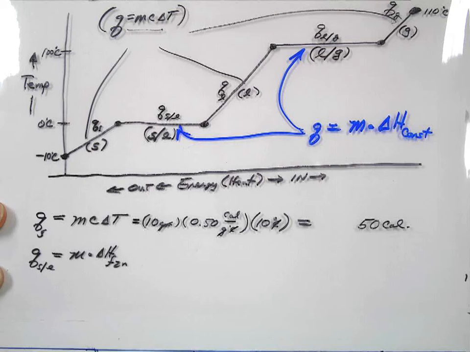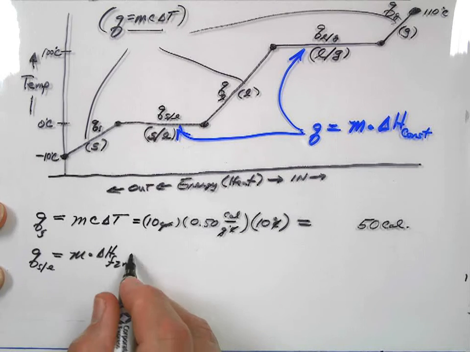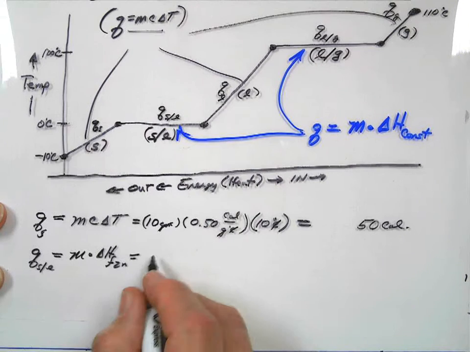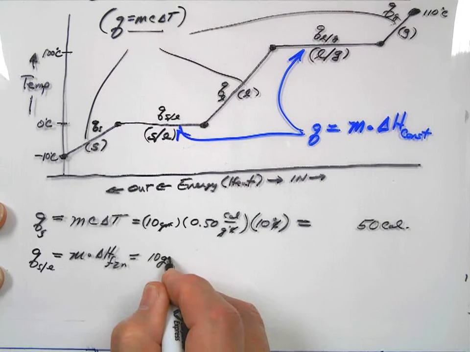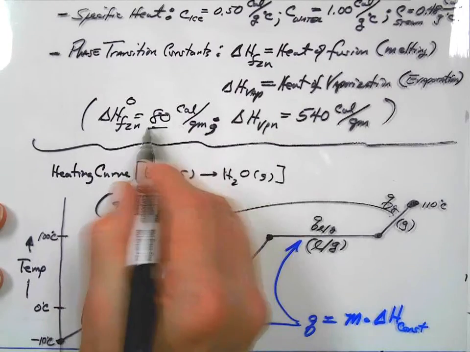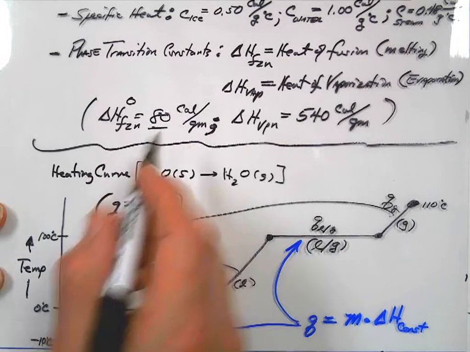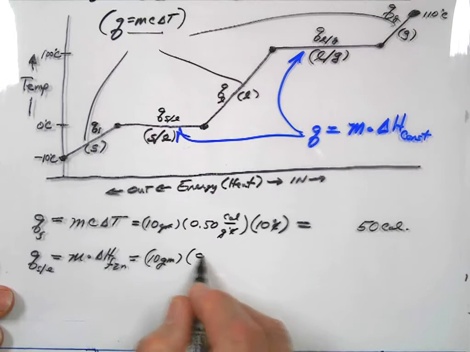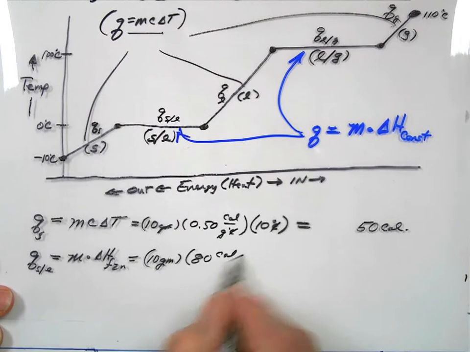calories. Okay, then we repeat for the next section, the solid liquid section, and we again are melting 10 grams, and we pick up the phase transition constant, which is published in the problem, 80 calories per gram.